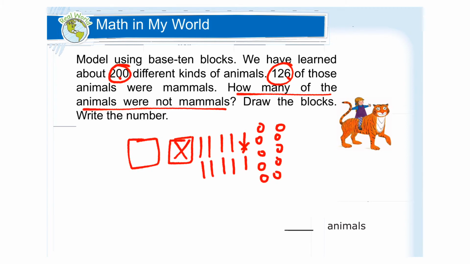Now, 10 minus 6 equals 4, and 9 minus 2 equals 7, and 1 hundred minus 1 hundred equals 0 hundreds. So we have 74 animals that were not mammals.